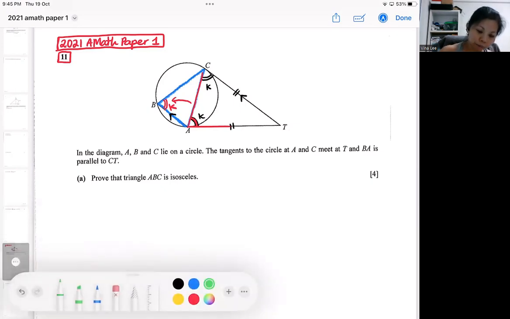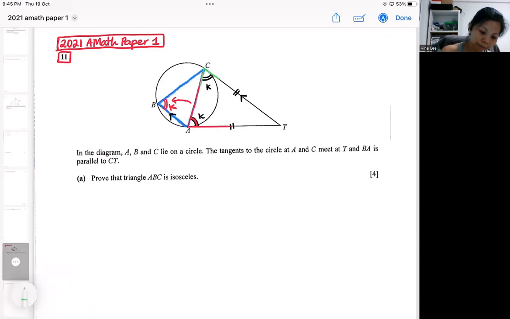Then another one will be the alternate angle. So this green one is equal to this due to alternate angles. If you are quoting alternate angles, do remember to write which pair of parallel lines is responsible for this alternate angle.